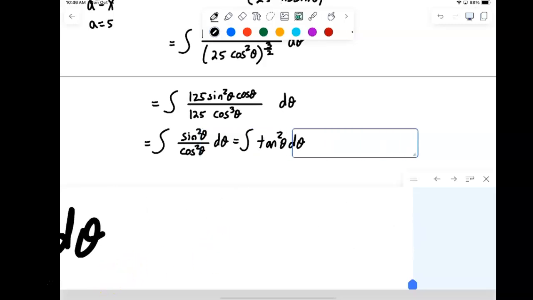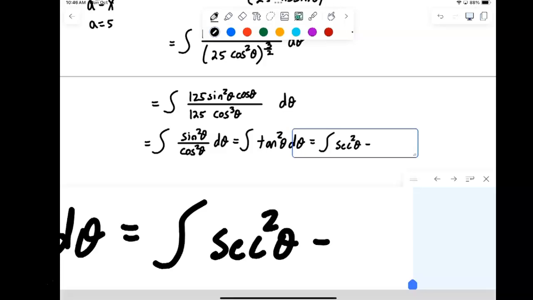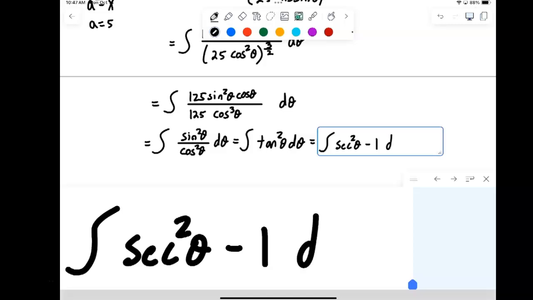And then it's kind of up to you how you go from here. You could invoke your reduction formula for tangent, or what I always remember when it comes to tangent squared is that I can substitute in for tangent squared, and I do that because the two pieces that I can replace tangent squared with are both things that I can easily integrate.